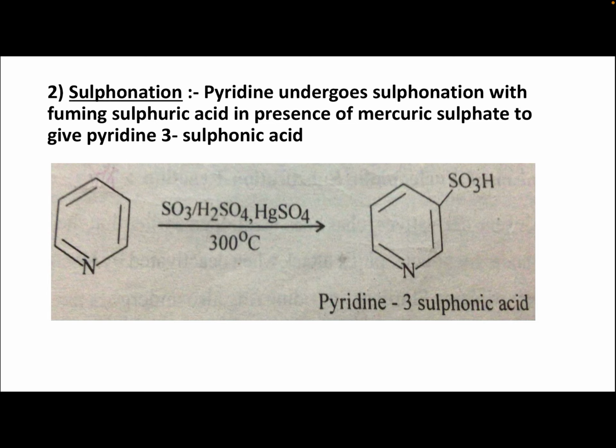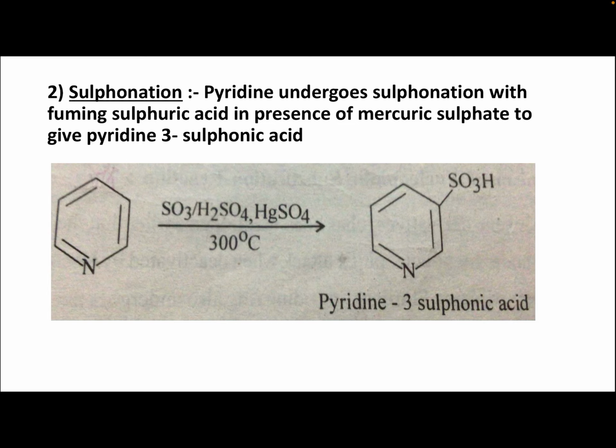Next, sulfonation. Pyridine undergoes sulfonation with fuming sulfuric acid in presence of mercuric sulfate to give pyridine 3-sulfonic acid. In the diagram you are seeing the pyridine, a 6-membered ring with nitrogen, in the presence of SO3 oleum, H2SO4 and mercuric sulfate at 300 degrees centigrade. You are seeing in position 3 pyridine 3-sulfonic acid is formed.